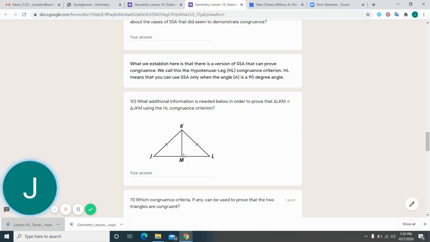So the only way this would work is if KMJ and KML are right angles. You see this angle KMJ has to be a right angle. Angle KML has to be a right angle. If both of these on each side of that line are right angles, then we can go ahead and use HL. So that's the missing information.